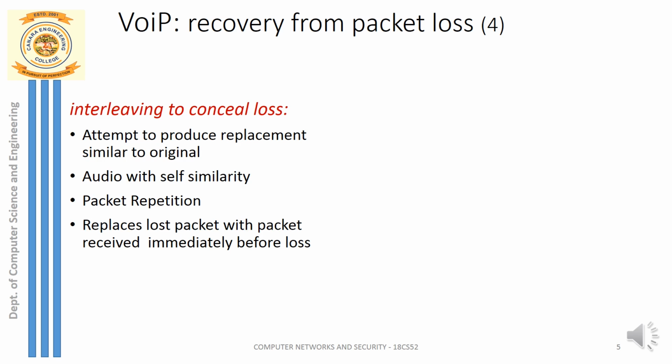Let's see now. In this error concealment technique, actually we are trying to produce a replacement that is similar to the original. So what is the meaning of that? See, the sender is sending audio in the form of multiple chunks, right? So suppose any one of the chunks in between, or multiple chunks, are lost when it is received at the receiver side.